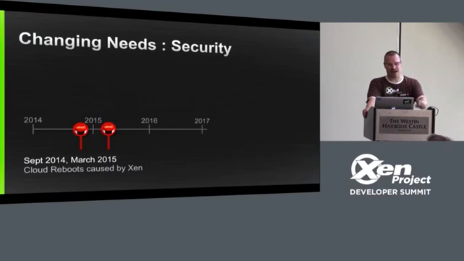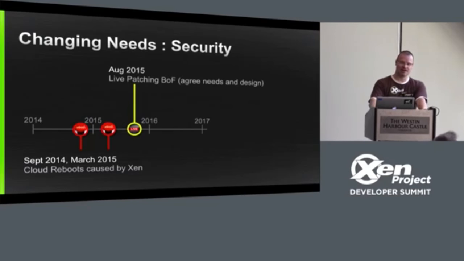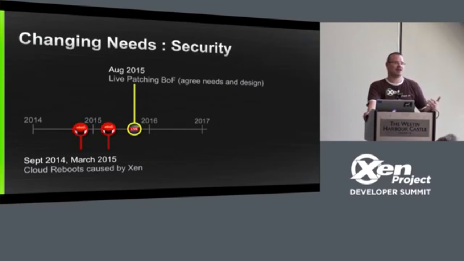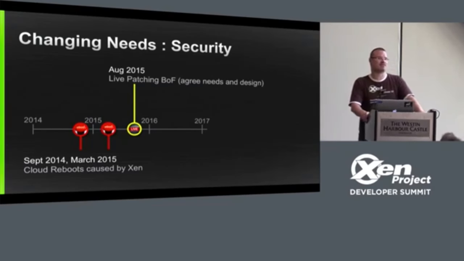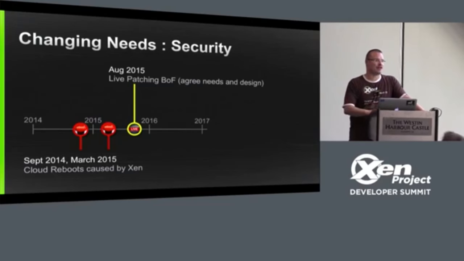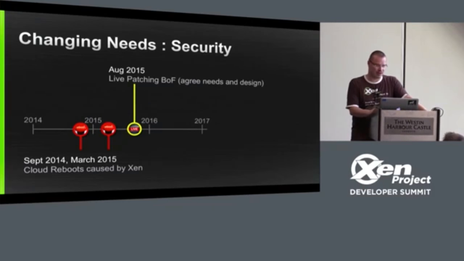Now, I don't know if you remember, we then said, well, actually, it's really not acceptable for us to make vendors and cloud providers suffer the impact, and their users having to have downtime, because of Xen vulnerabilities.